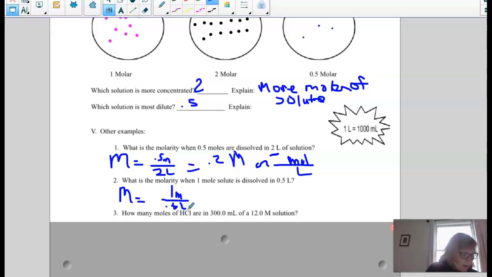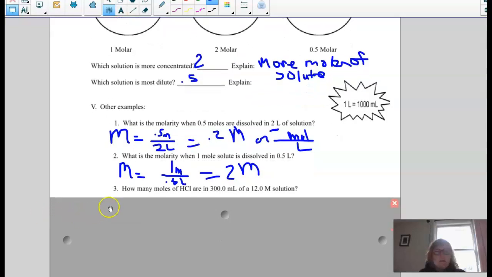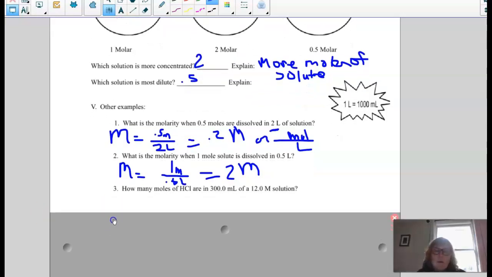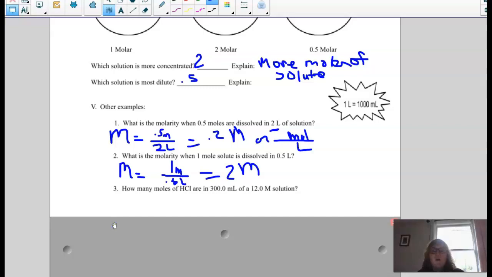So 1 divided by 0.5 will give you 2. So it gives you a molarity of 2. So the question, if you're comparing these two, which one's more concentrated, would be number 2, because you have 2 moles compared to 0.2.